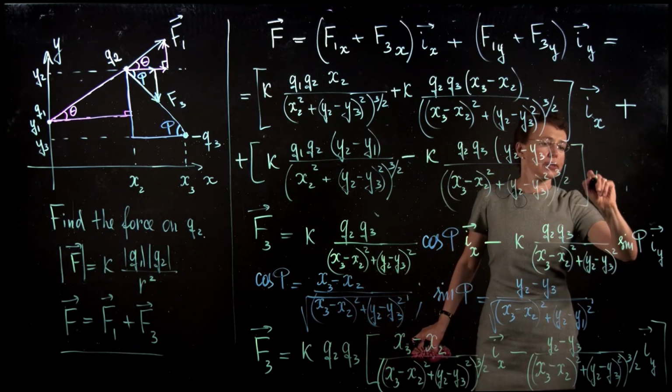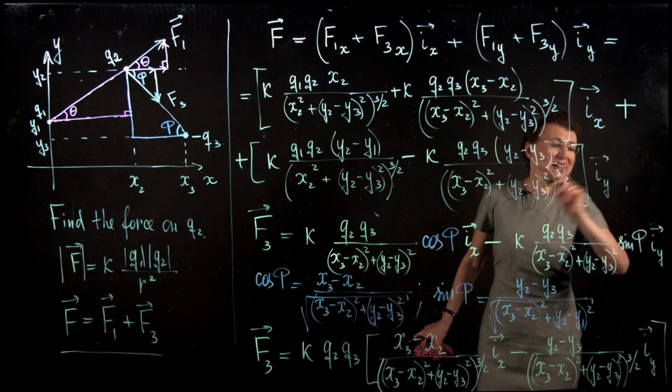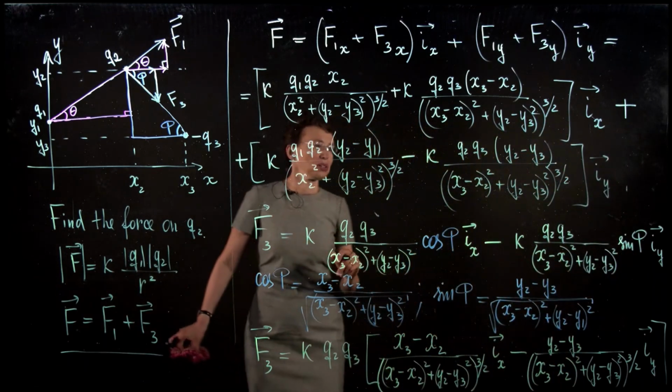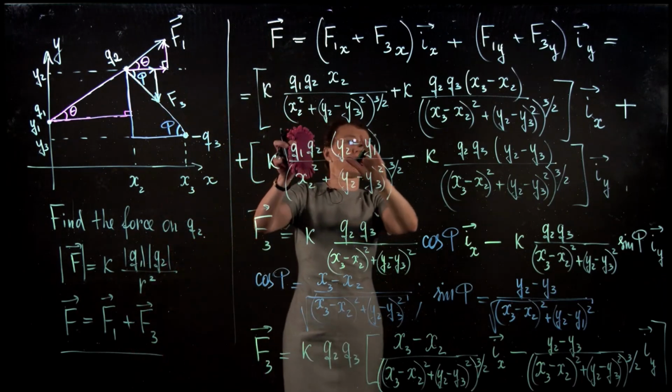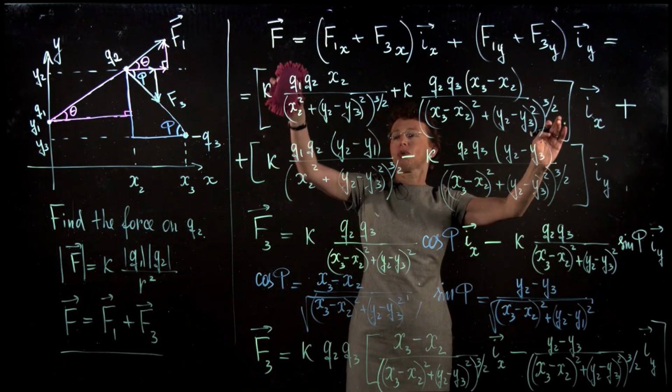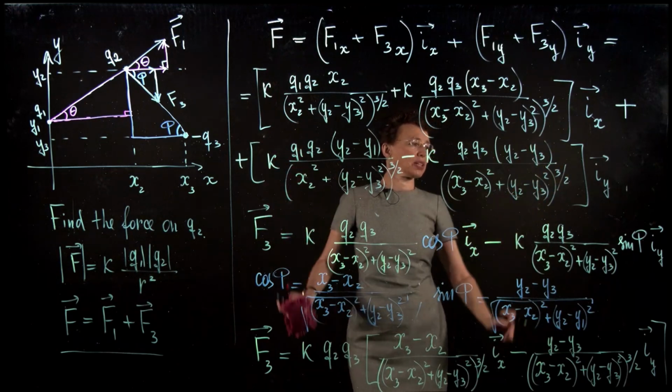And all this is the y component of the resultant. So my net force F acting on charge Q2 is the x component of F and the y component of F.